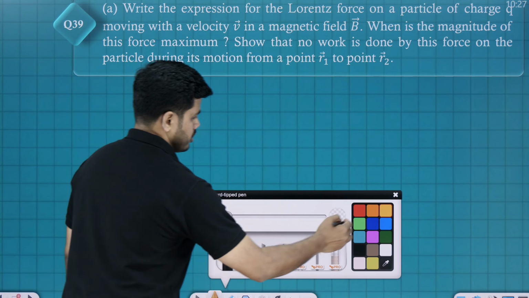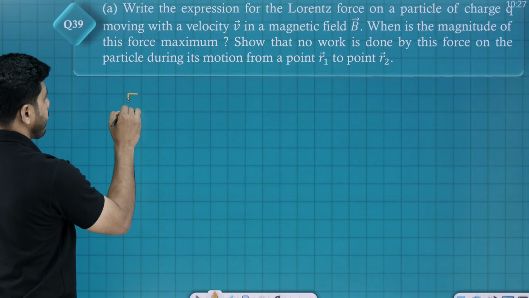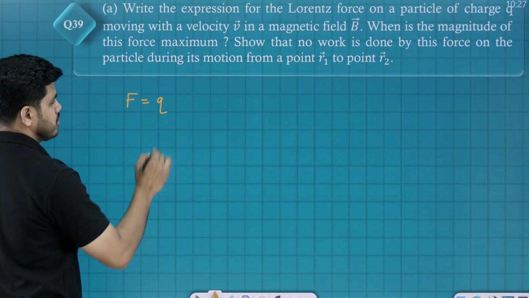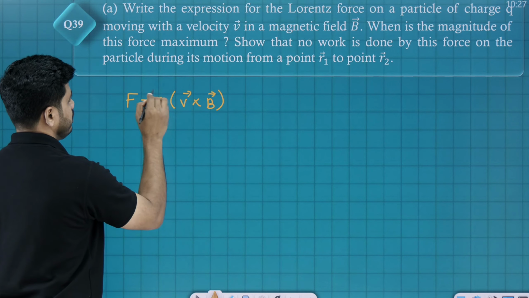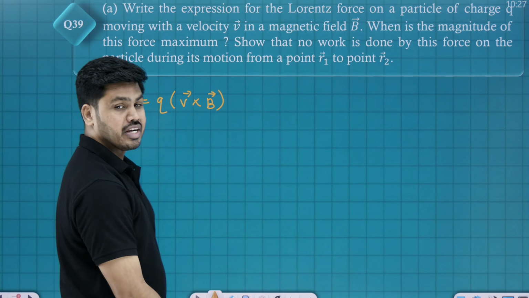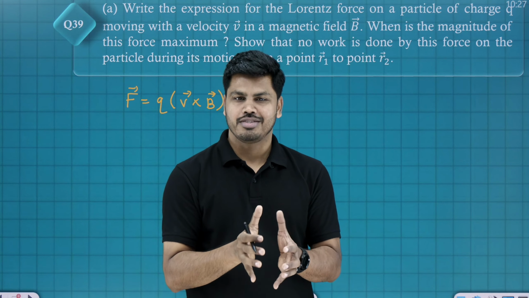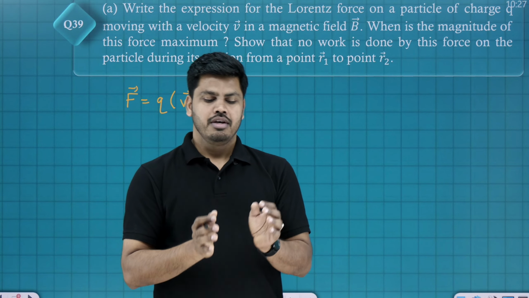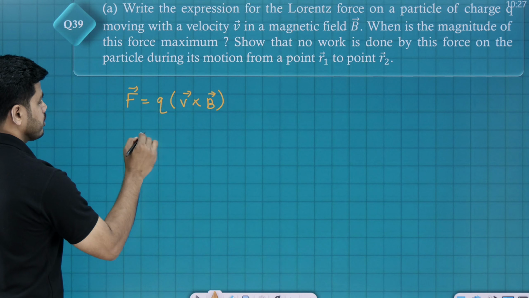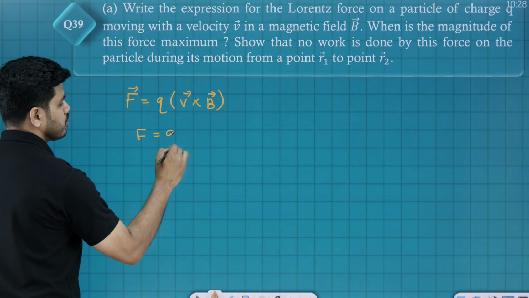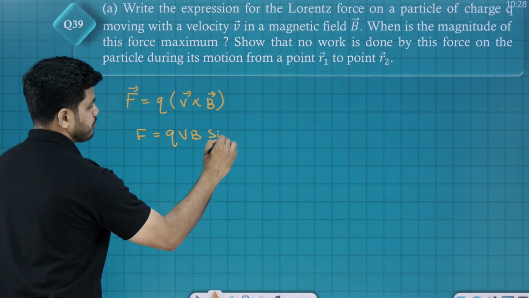Yes, the magnetic Lorentz force, we know F on a moving charge is equal to q into v cross B, right? That is the expression for the force, the vector form of that equation. q is a scalar quantity, charge is a scalar quantity, velocity vector cross magnetic field vector. F is equal to q into v cross B can also be written as F is equal to qvB sine theta, correct?